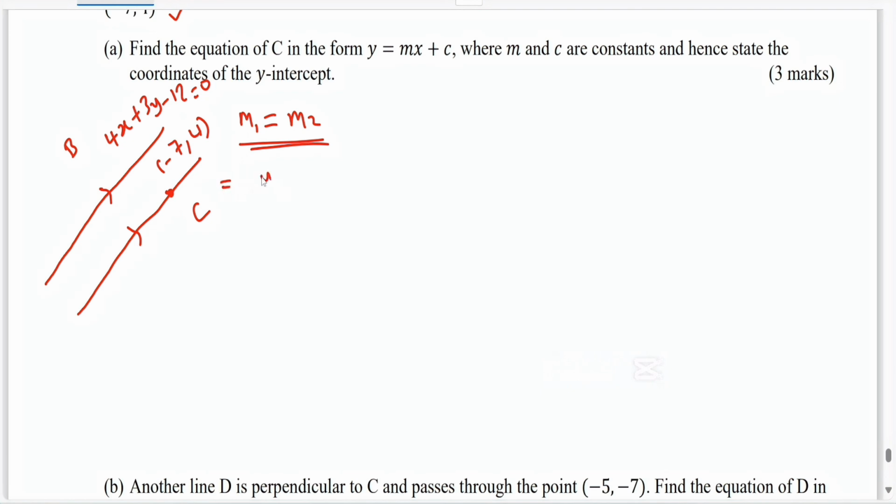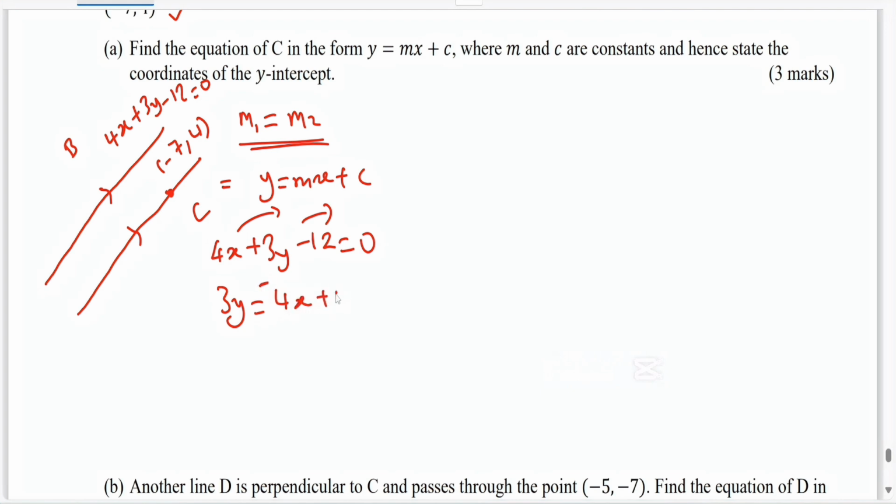So you should always write in this form first of all. So 4x plus 3y minus 12 equal to 0. So all of them peleka the other side, so itakuwa ni 3y equal to 12 minus 4x. Divide by 3, y equal to minus 4 over 3x plus 4. But the question is, what is our gradient?